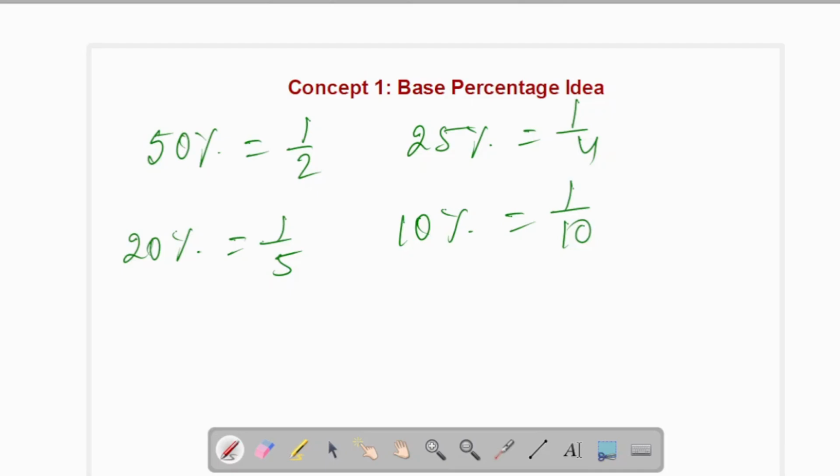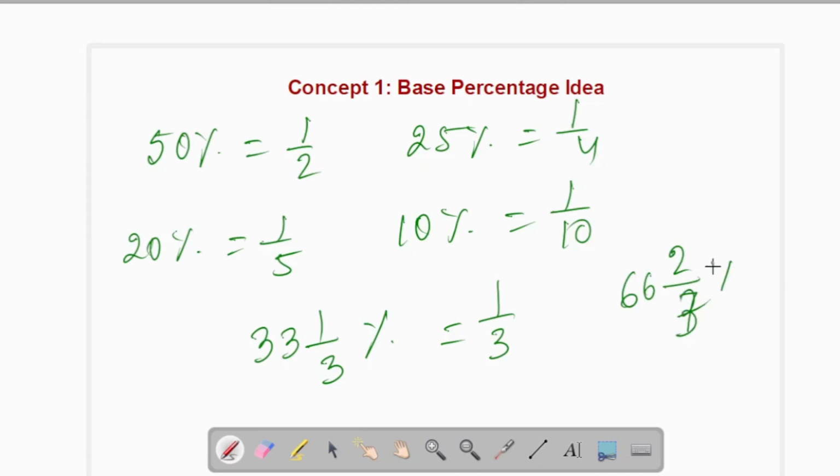I will show you some more important fractions so that you can remember them, or you can mug them up. Like 33 1 by 3% is actually 1 by 3. 66.66%, that is 66 2 by 3%, is actually 2 by 3.